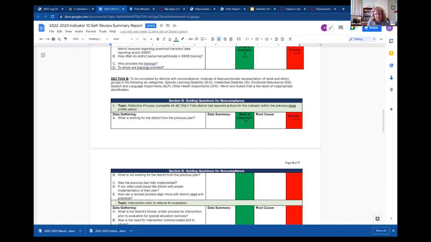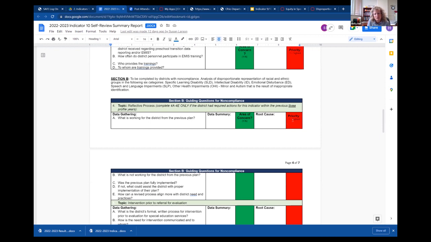Then there is a place under area of concern where you identify whether this is an area of concern, yes or no. For all areas identified as a yes, you'll establish root cause. In our PowerPoint, we have a slide that references those root cause aspects and specific tools that could be used for determining root cause.